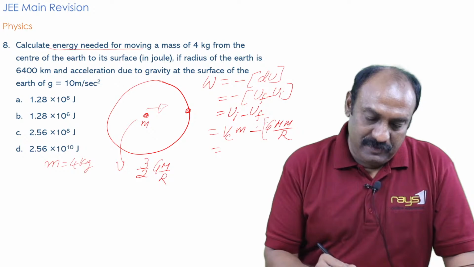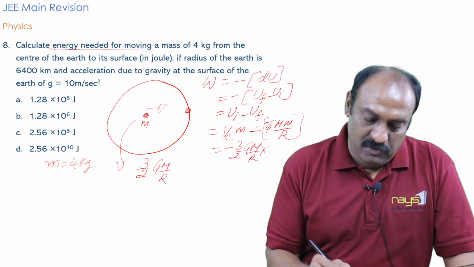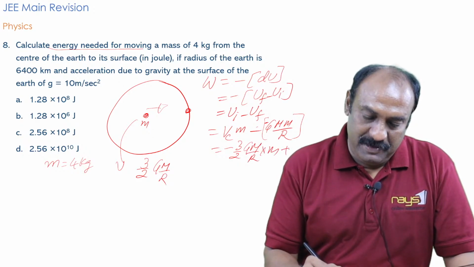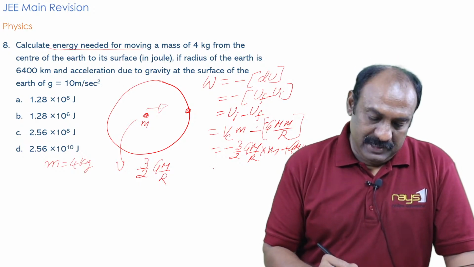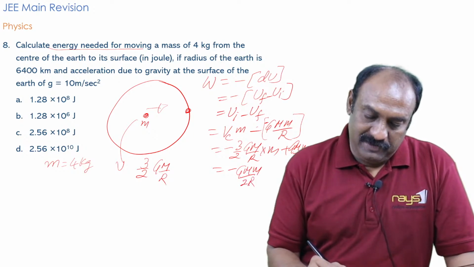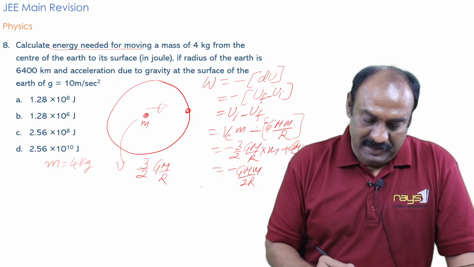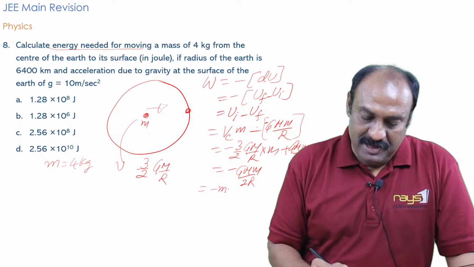So it is minus of 3 by 2 GM by R into mass, and minus of minus is plus GMm by R. From this we get minus 3GMm by 2R plus GMm by R, which is minus GMm by 2R. But GM by R squared is g, so GM by R is gR, that equals minus m g R by 2.